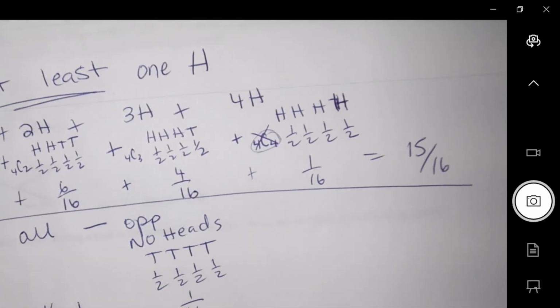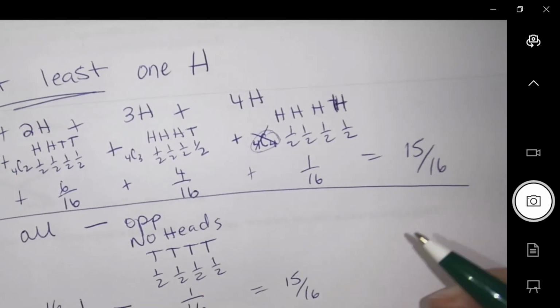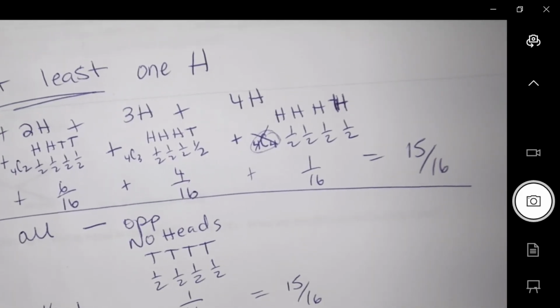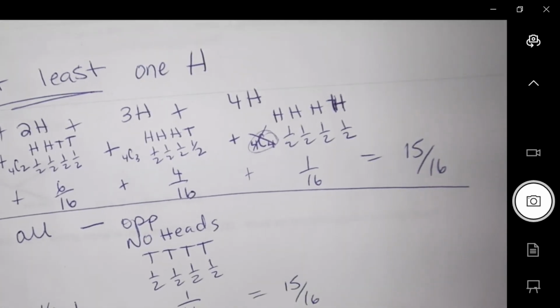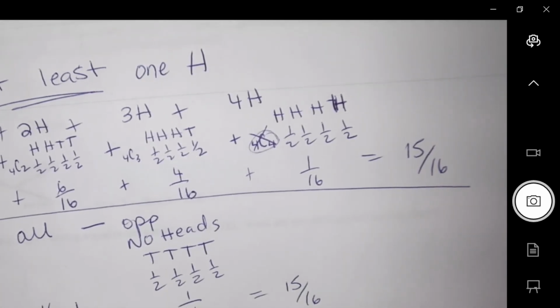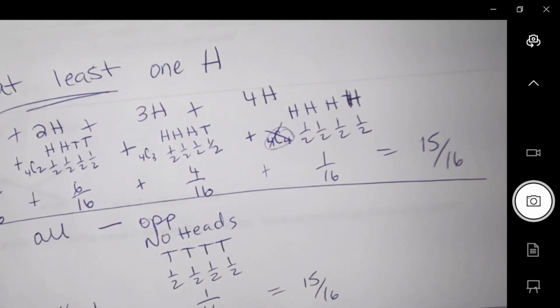So the full 16 out of 16 minus the opposite event. Do you see that? I got the same answer. So if I'm picking, I'm probably going to pick this one. Maybe you should write something down. Somewhere along the line, you're going to have a question that's the at least. So you can do the multiple situations or the strategy of opposite event.